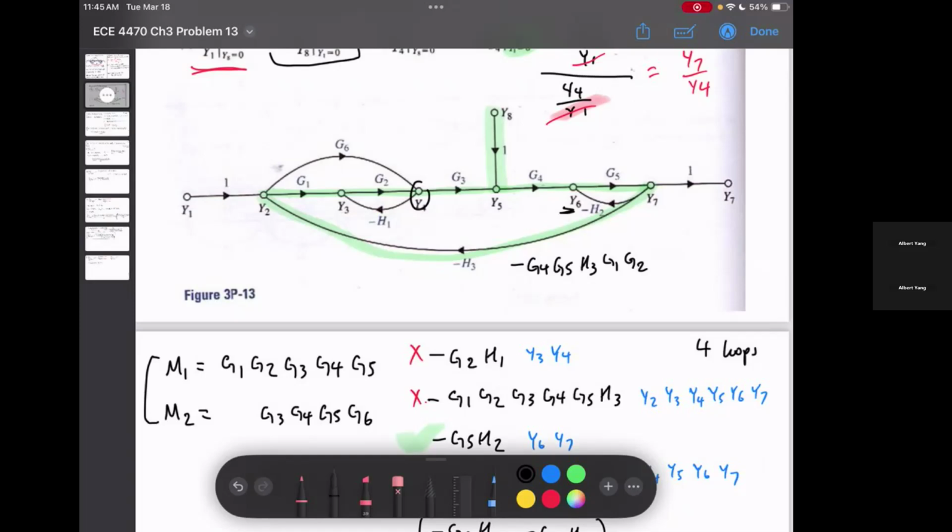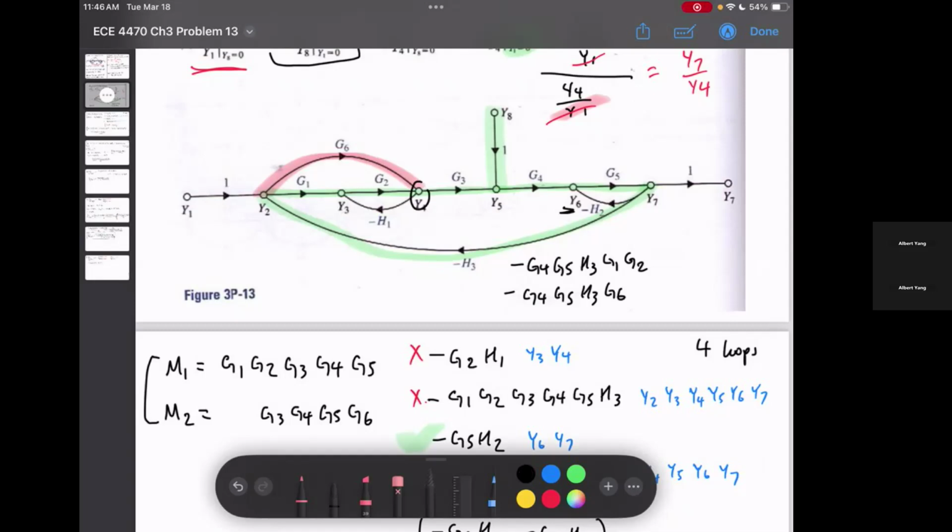Or rather, there's actually 2. Oh, sorry about that. There's 2 because we also have this top one here. And that would be negative G4, G5, H3, G6. Alright, so there's 2. Yes, these are the 2 that we need.